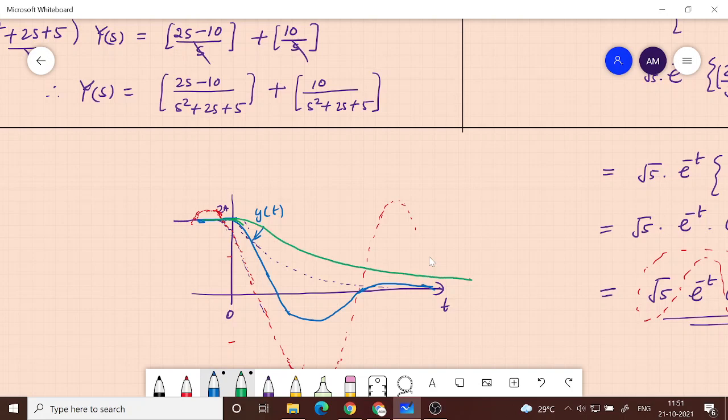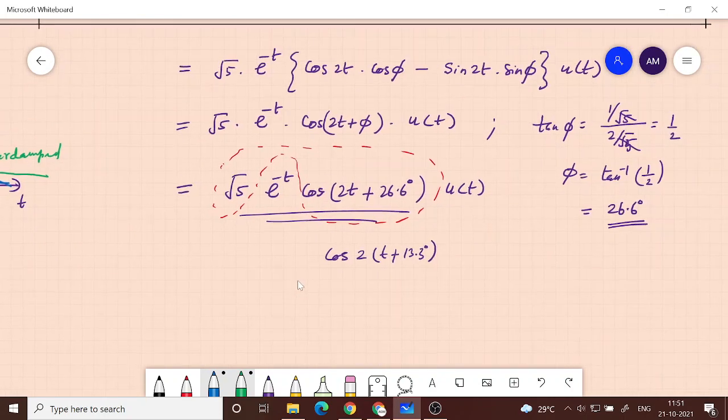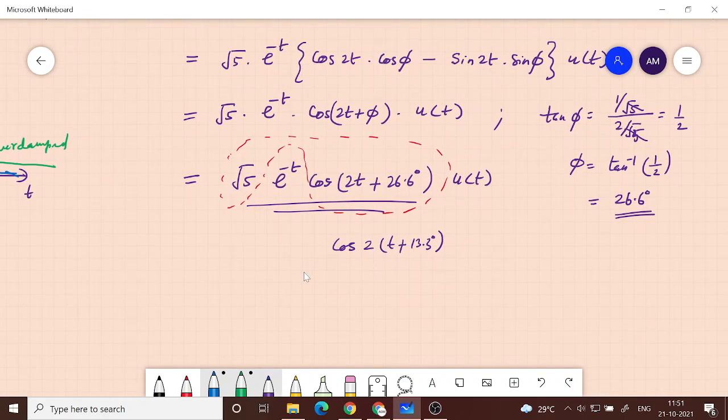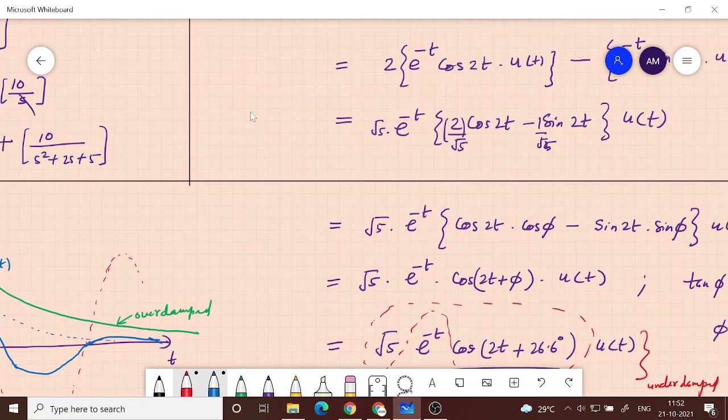This is called overdamped, but our results are showing an underdamped response. It's a decaying oscillation. So let me just state that explicitly: this result is underdamped. A second order system depends on the component values you will have. You can try solving it for larger values of resistance, and you will see that you will get real roots if you do so.